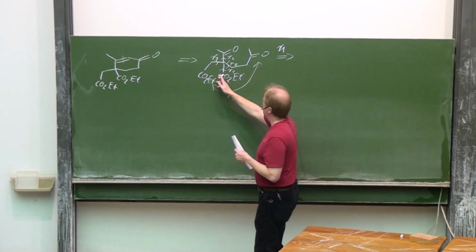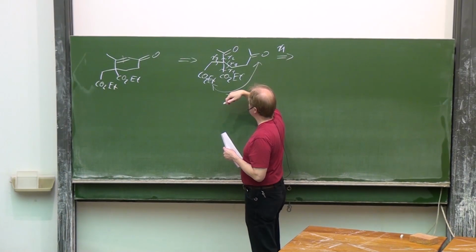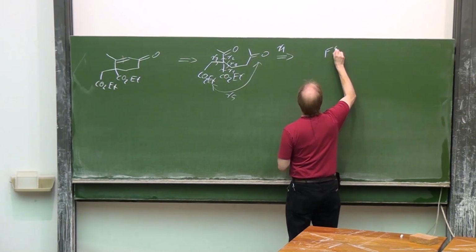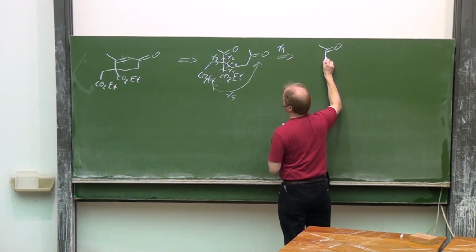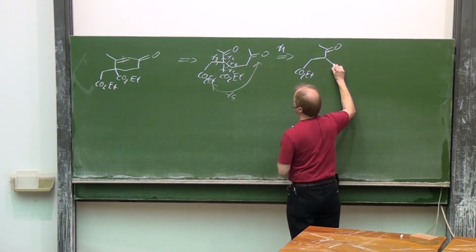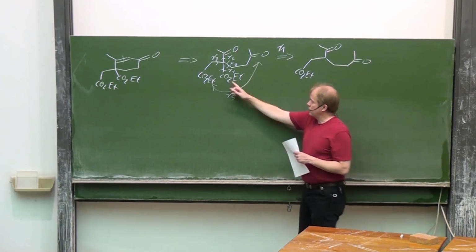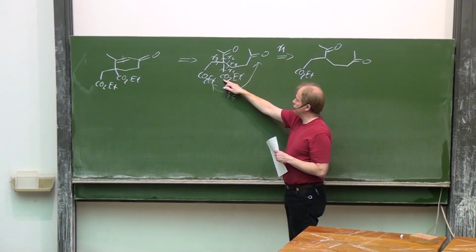So, it's clear here we have a 1,3 relationship. This is somewhat favorable because we would have the natural reactivity as donor reactivity here. And at the carbonyl group, we have as natural reactivity the acceptor reactivity.